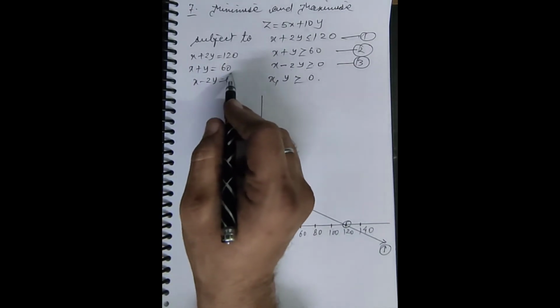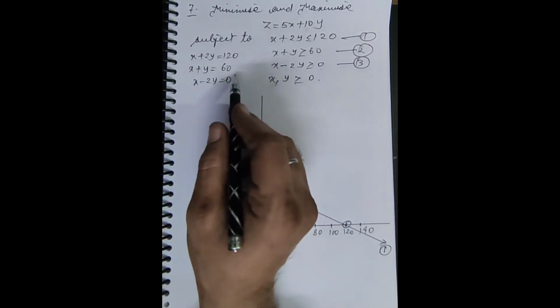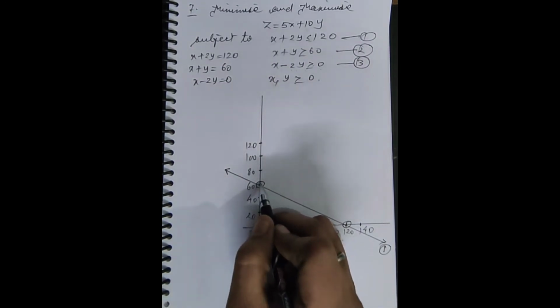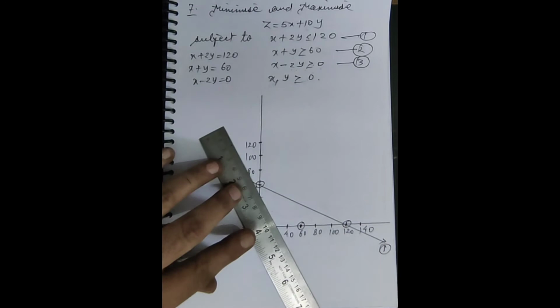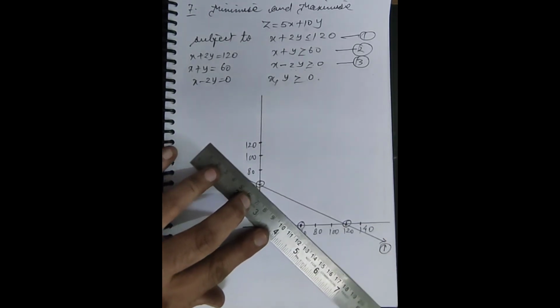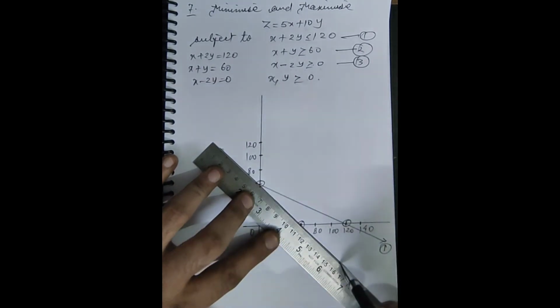Second, x plus y equal to 60. Points are (60, 0) and (0, 60). Now you can see 1 and 2 are intersecting at the y axis only. A rare case. Not every time you will find such a thing.